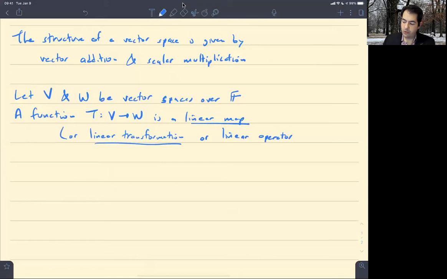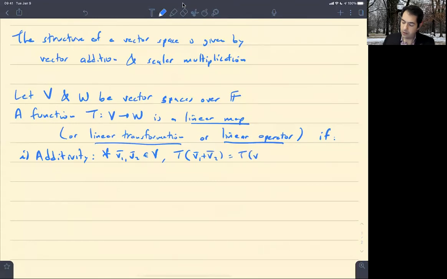These terms are interchangeable. So it's going to satisfy two properties. It's going to take vector addition to vector addition, and scalar multiplication to scalar multiplication. So first, we call the first property additivity. And this says that for any two vectors in the first vector space, T of V1 plus V2 is equal to T of V1 plus T of V2.